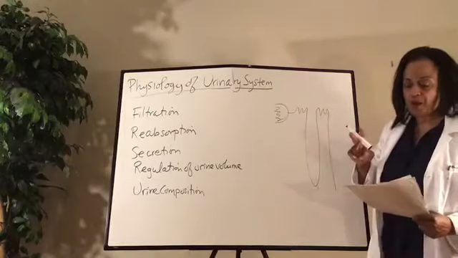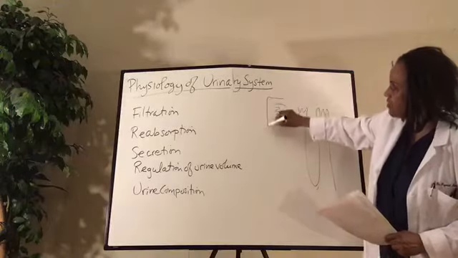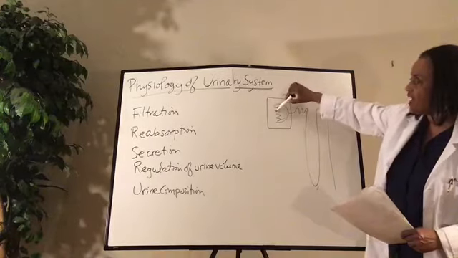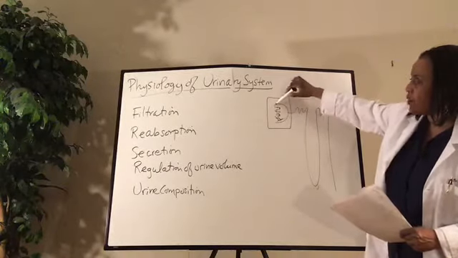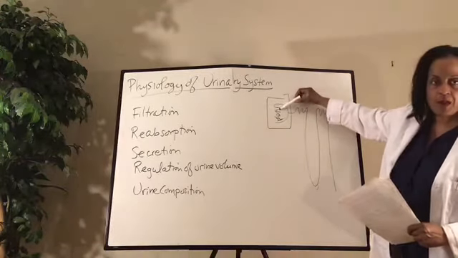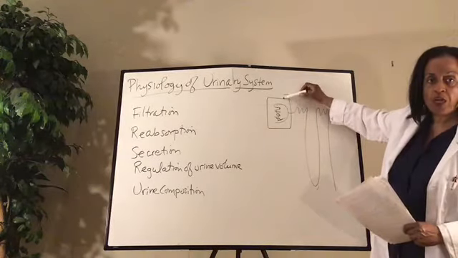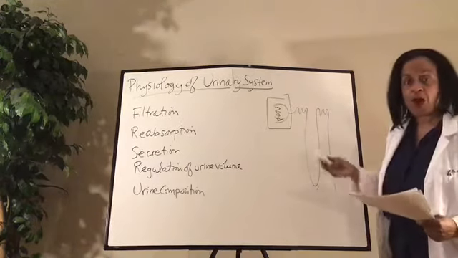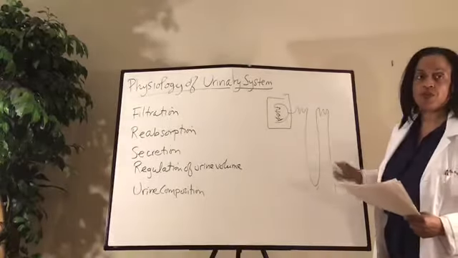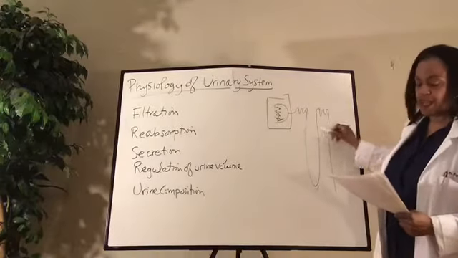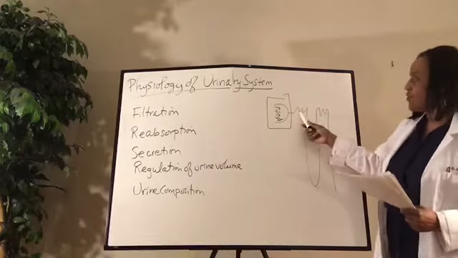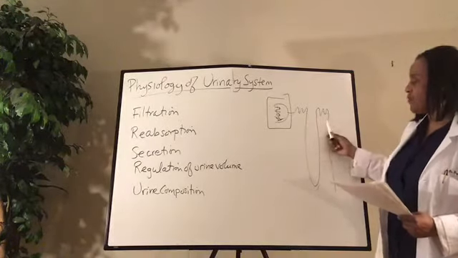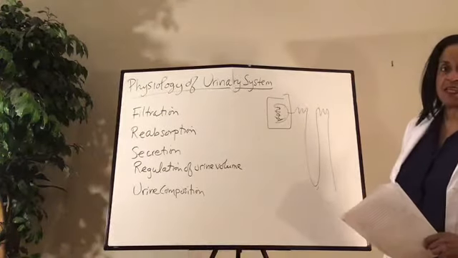It has two main parts. We remember that this part is the renal corpuscle. It includes the glomerulus, this tuft of capillaries here, sitting in Bowman's capsule. So the glomerulus and Bowman's capsule make a renal corpuscle. And then the other part connected to this renal corpuscle is just the tubule. That is this part with the convoluted tubules here, the loop of Henle, and the collecting duct.